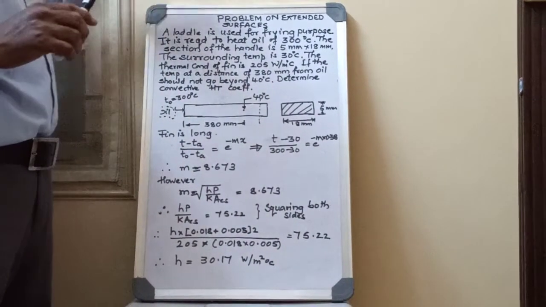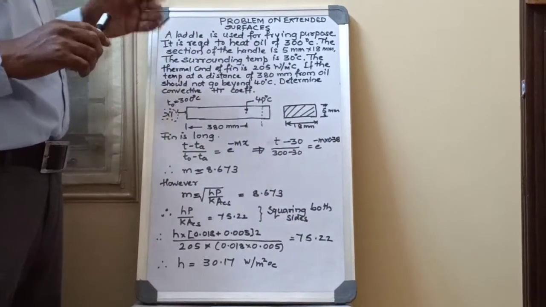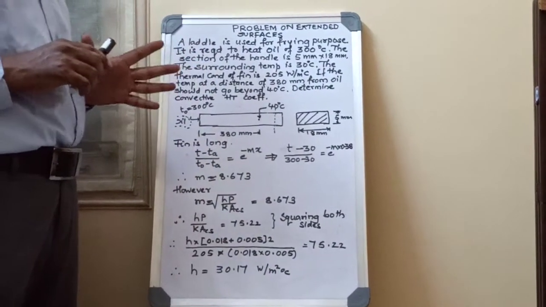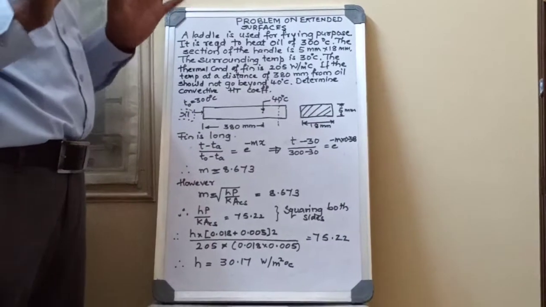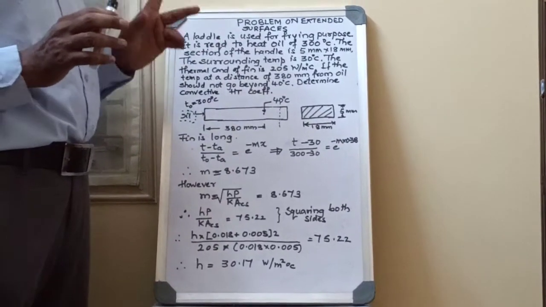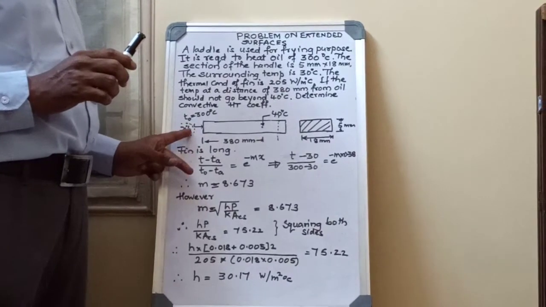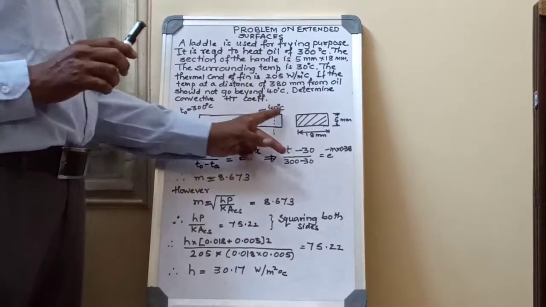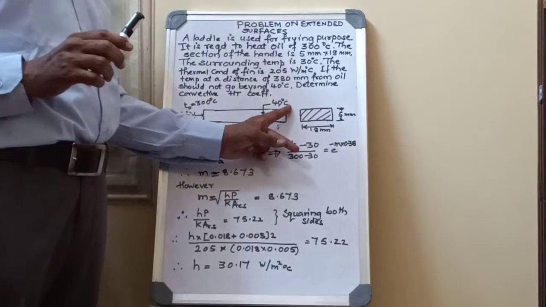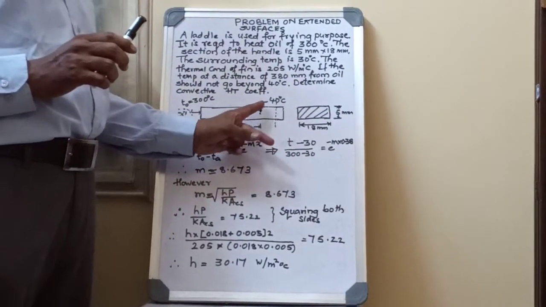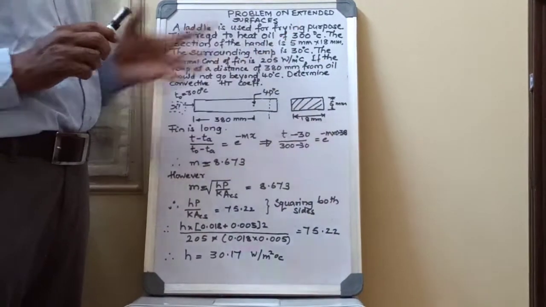So once again I will read the entire problem. This is a ladle, meant for frying purpose. There are two ends. One end is in the oil, and the oil temperature is 300 degrees centigrade. The other end is carried by the human hand. The condition is that at 380 millimeter, the temperature should not exceed 40 degrees centigrade.